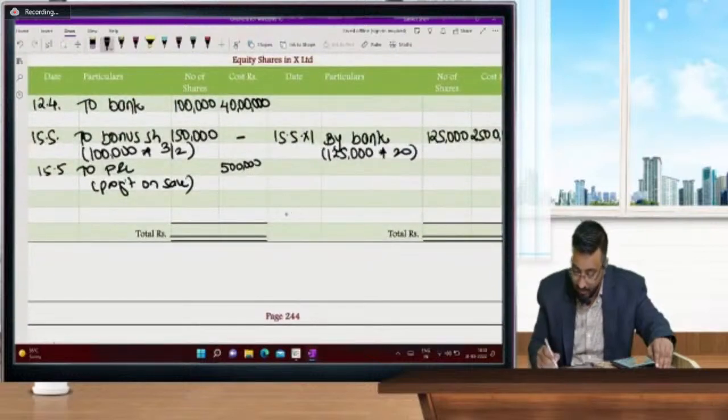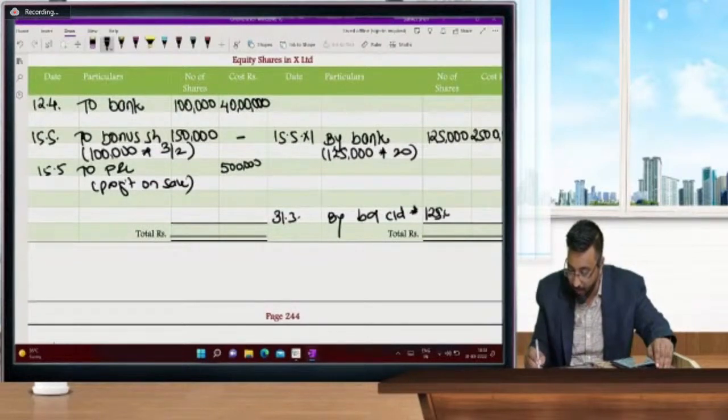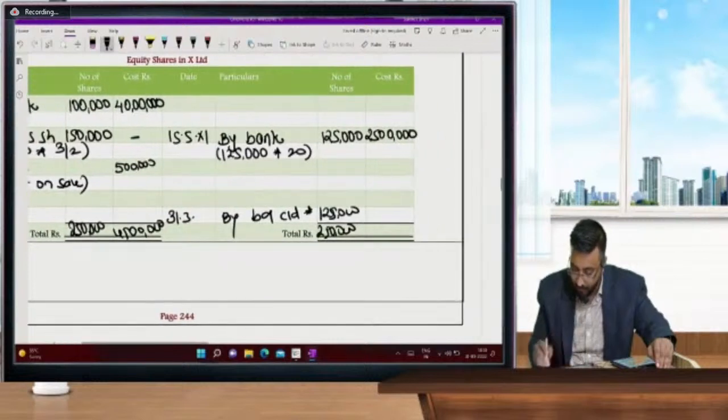And by balance carried down 1,25,000, 45 lakhs. And here it is 20 lakhs.